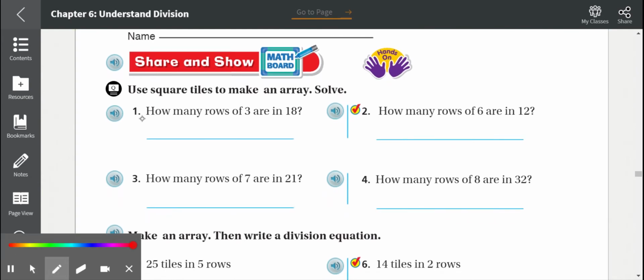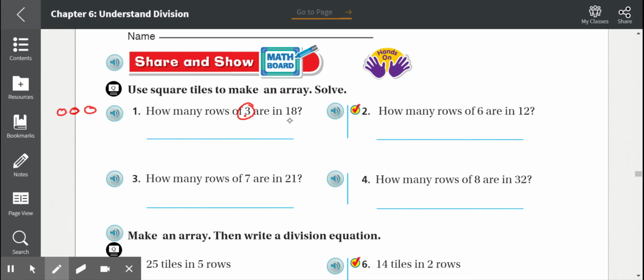Number 1, how many rows of 3 are in 18? So we're going to be drawing these pictures. Over here, where we have room, we're going to start drawing rows that have 3 in them, like this. 1, 2, 3.